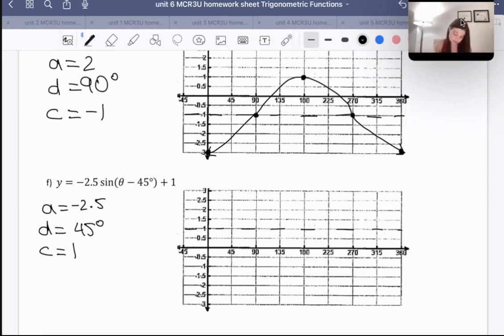So let's draw this. Well, first of all, I'm going to be starting my graph over here at 45 degrees because we're going 45 degrees to the right. And then I'm going to have everything reflected. So we're going to start by going down rather than starting by going up. And we are going to draw our next one down here, 2.5 less than 1, which is going to be negative 1.5.